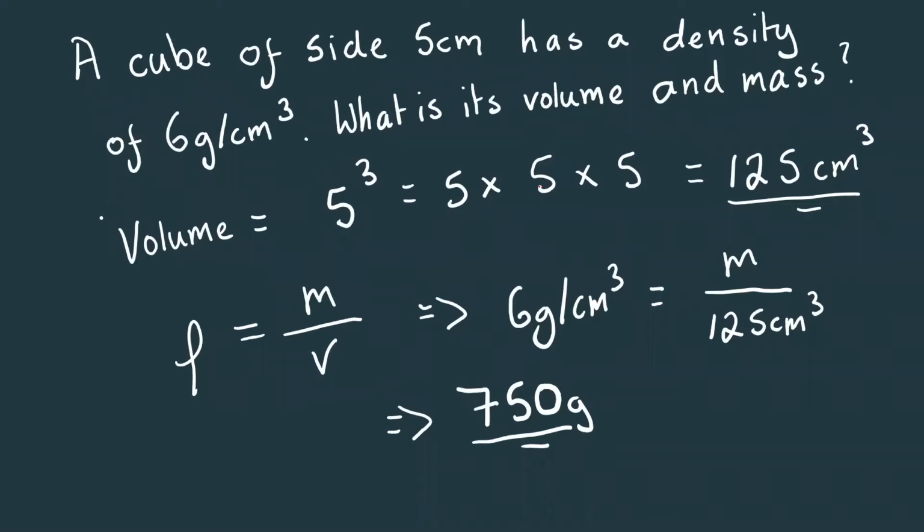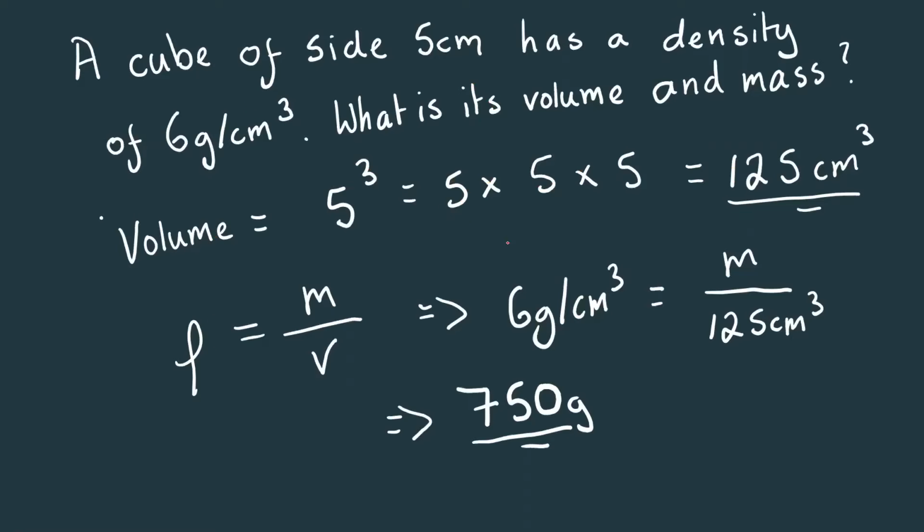So practice. A cube of side 5 centimeters has a density of 6 grams per centimeter cubed. What is its volume and mass? So the volume, easy, it's a cube, so it's 5 cubed, 5 times 5 times 5, which is 125 centimeters cubed. Now we need to work out its mass.